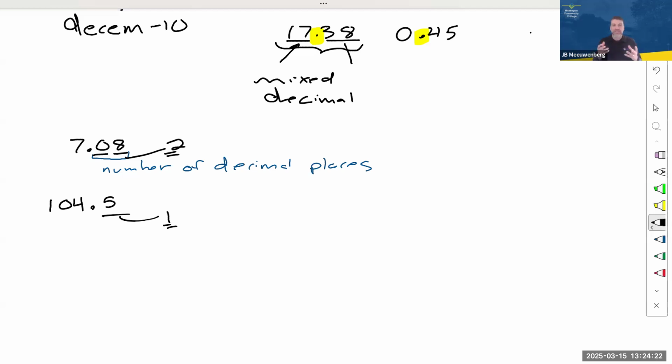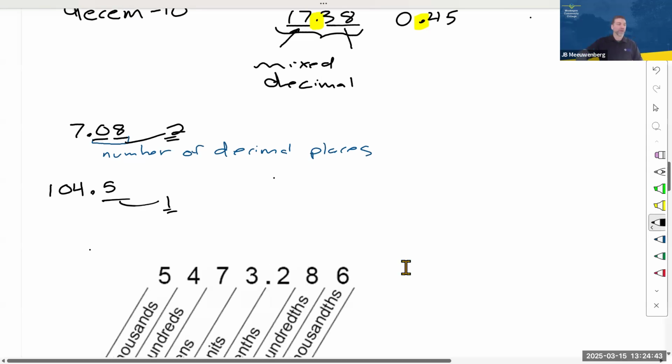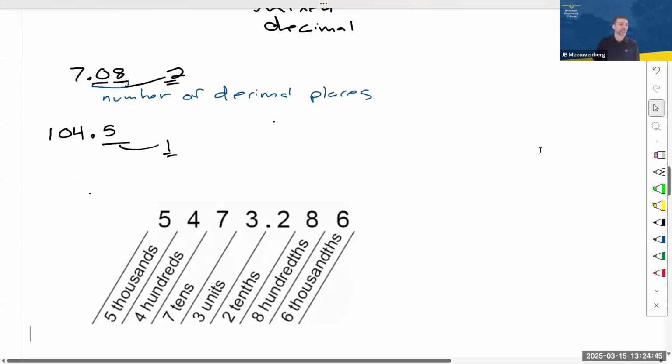Another thing that's important to recognize is that the positions of the digits to the left and right of our decimal point are place values that are related to powers of 10. Let's take a look at what that means. Here is a little chart that demonstrates this idea of place values.